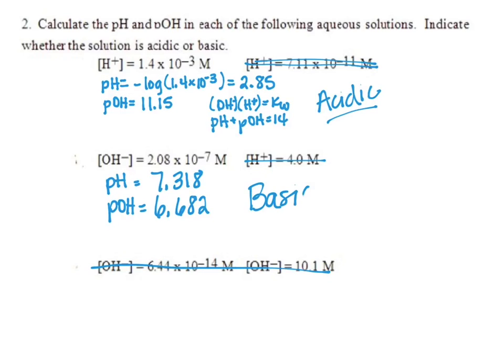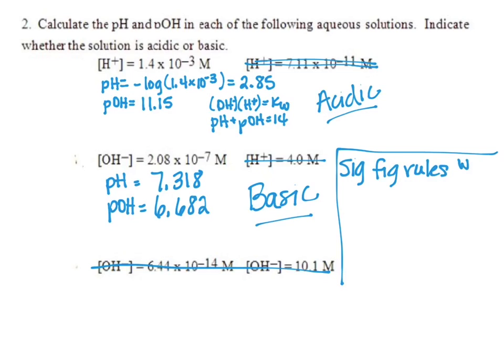Basic? Okay. I'm going to throw in some sig fig rules in here for you guys, with acids and bases. So for your sig fig rules, you take your H plus or OH minus concentration, so 1.4 times 10 to the minus 3.